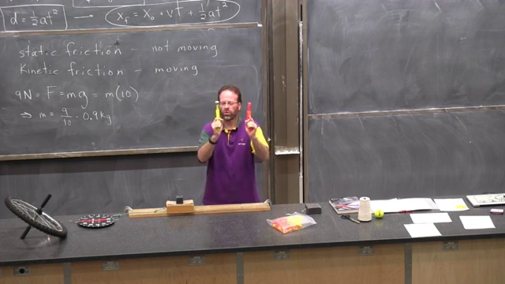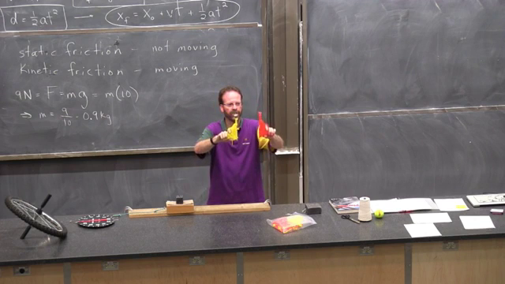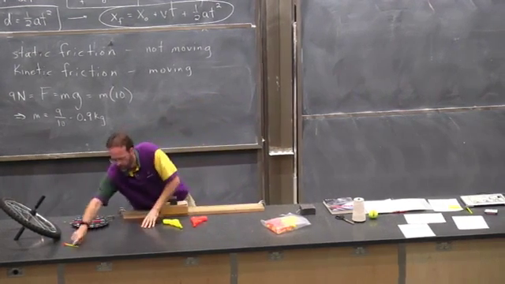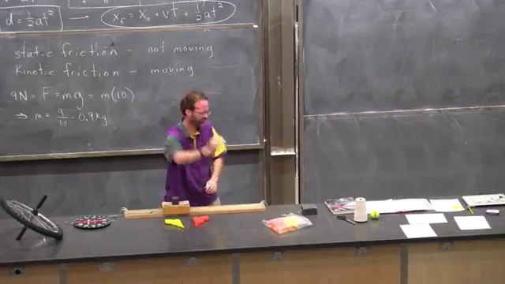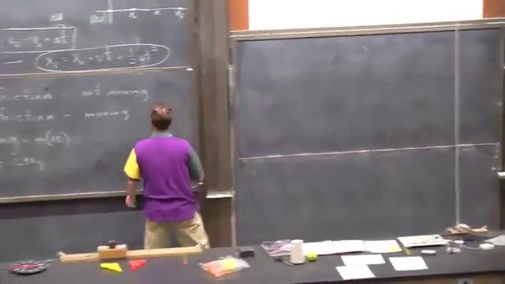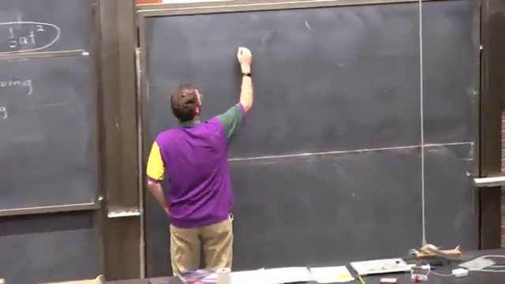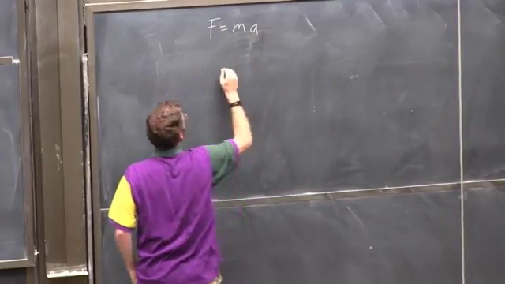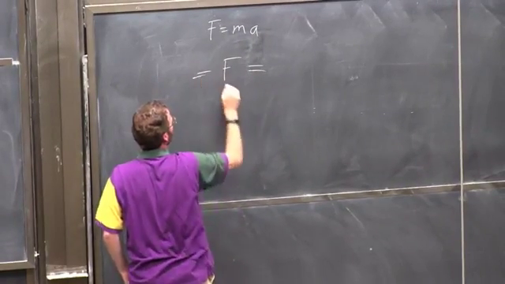Which one will go higher? The one without the clay? Absolutely. The one without the clay will hit the ceiling. Why? So if we take this equation, the force was the same.